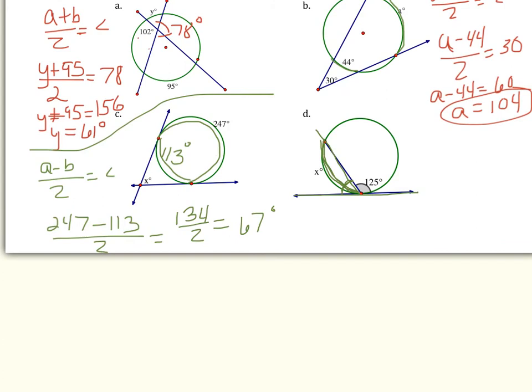Well, this is a linear line, so we know that it's a linear pair right here. So I asked myself, what do I add to 125 to get to 180? And it's going to be 55. So I know this angle right here is 55 degrees. And since it's half of its arc, I know that x is going to be 110.